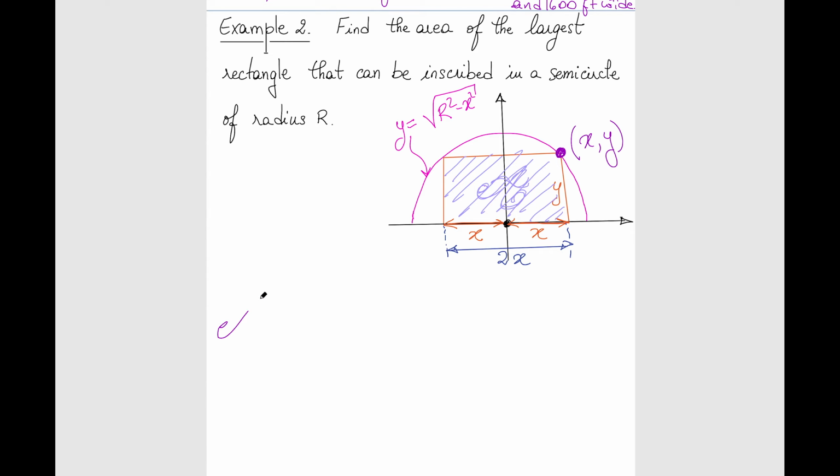So calligraphic A is equal to y times 2x, right? 2x times y. So length times width, right? y times this measure, which is 2x. That's the area of that rectangle.